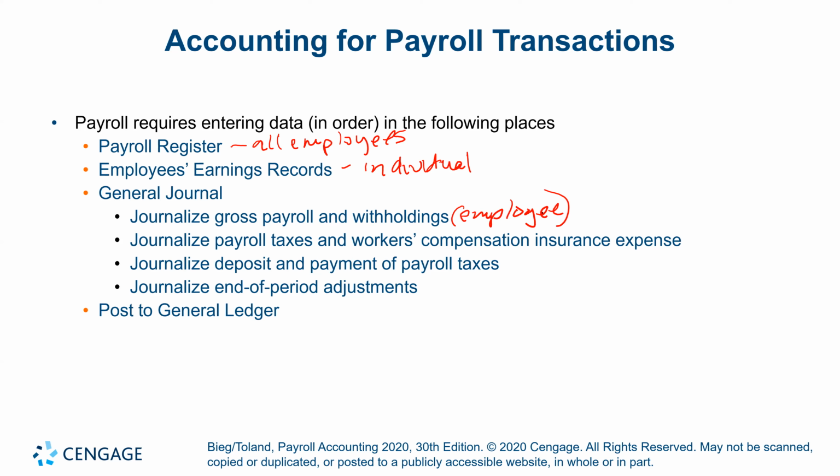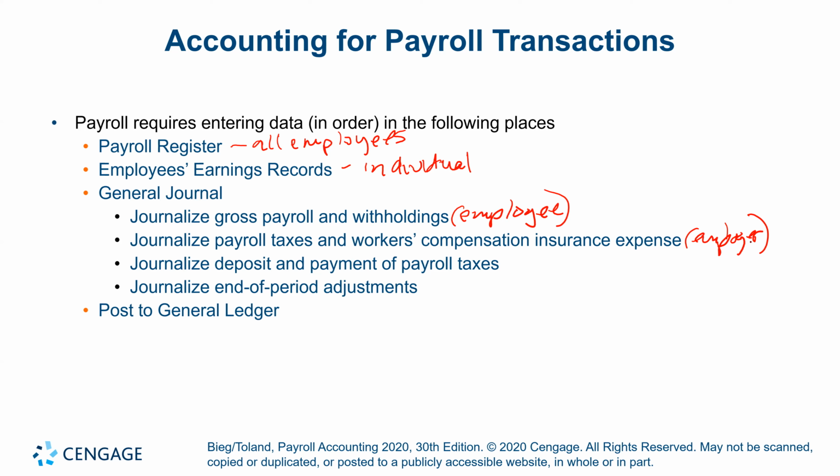The second one, journalize payroll taxes and workers' compensation insurance expense. Again, this is the employer side. This entry is a debit to payroll tax expense, and then usually a credit to any of the taxes that have to be paid.